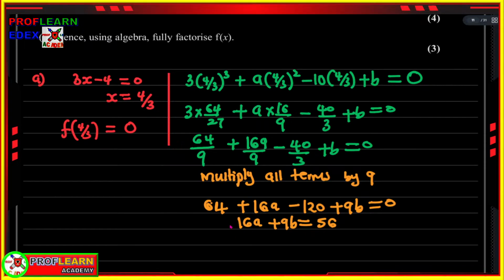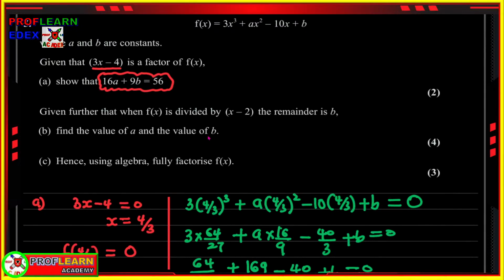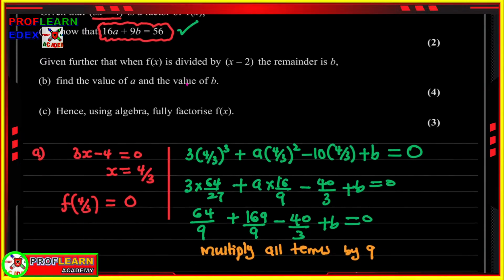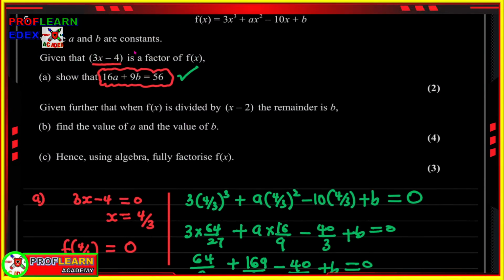What does that mean? If we have gotten this, let's check what we were supposed to show. Basically, that's exactly what we were supposed to show at that given point. Find the value of a and the value of b. Which other information is given?